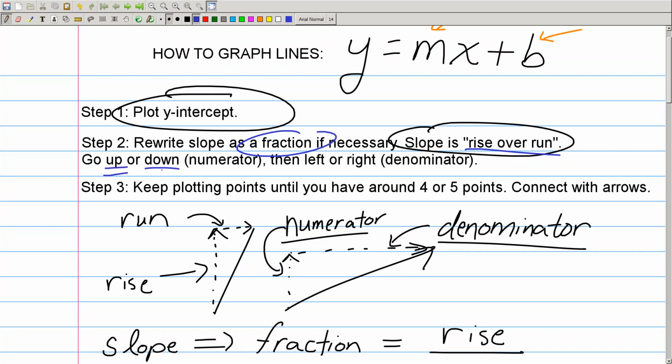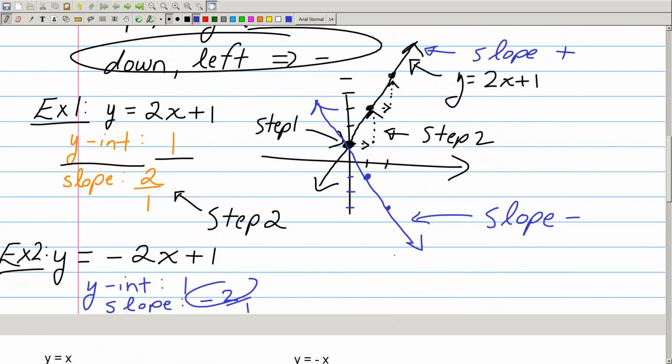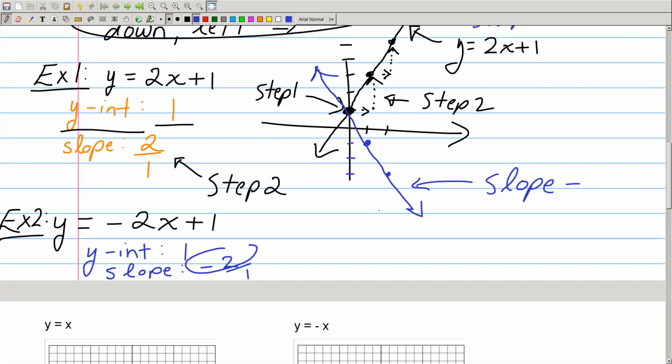If you see a negative, it means go down. If you have a negative in the denominator, that means go left. If you have a positive, it means go right. And that's it. That's basically how you plot the line. And you just connect the dots all together.